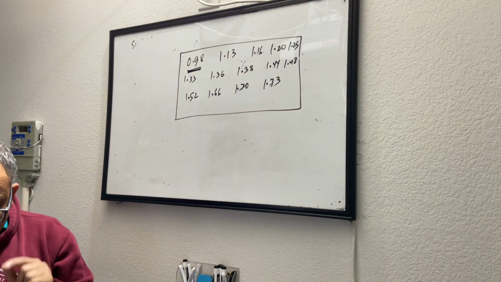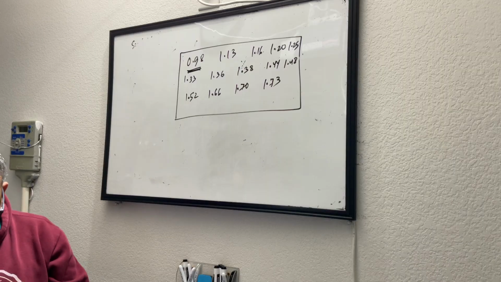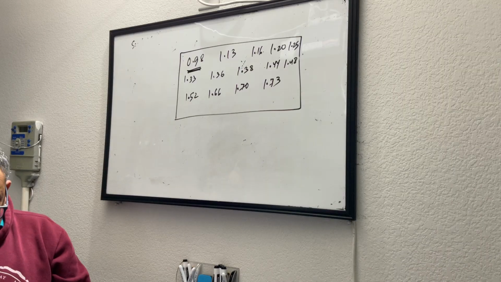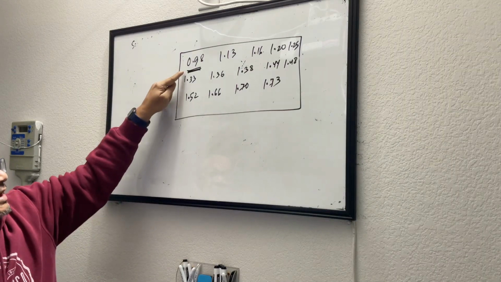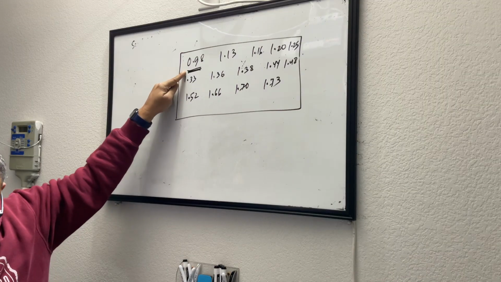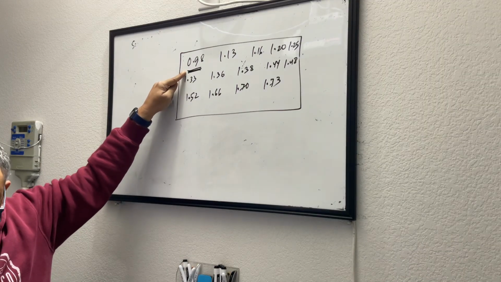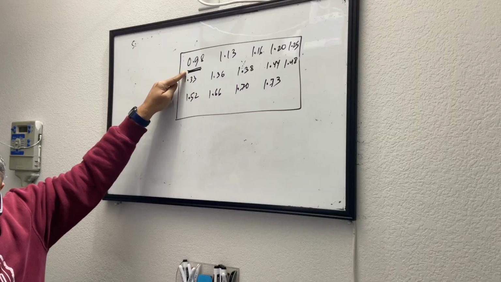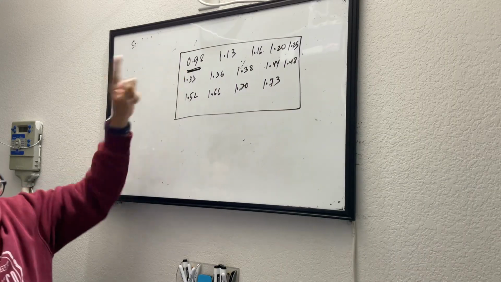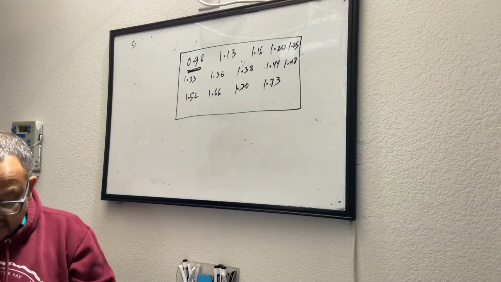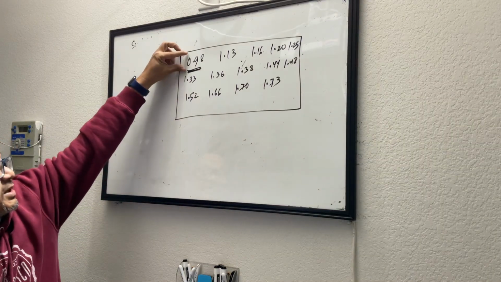It says of the mean, range and standard deviation of the values listed, which will decrease if 0.98 is taken out from this data. So of the mean, range and standard deviation, what will decrease if this one is taken out?